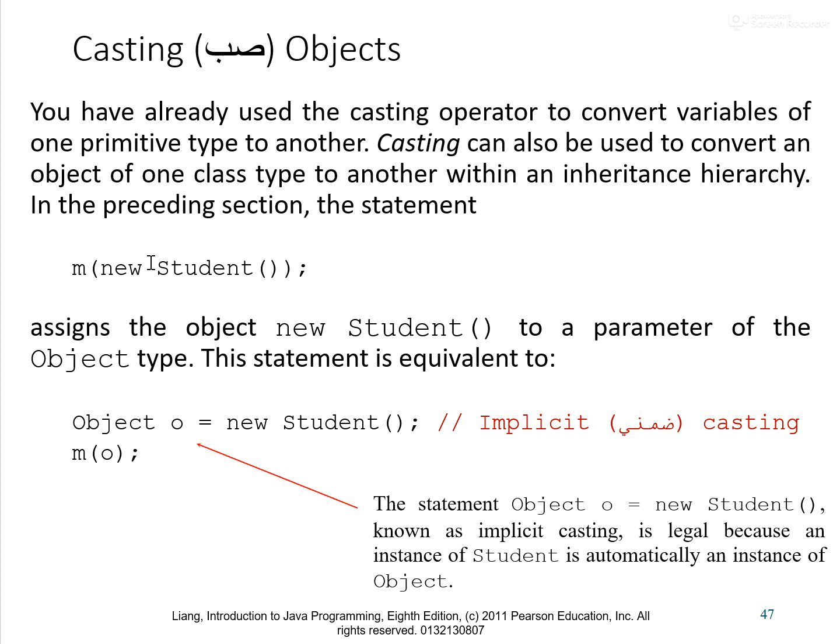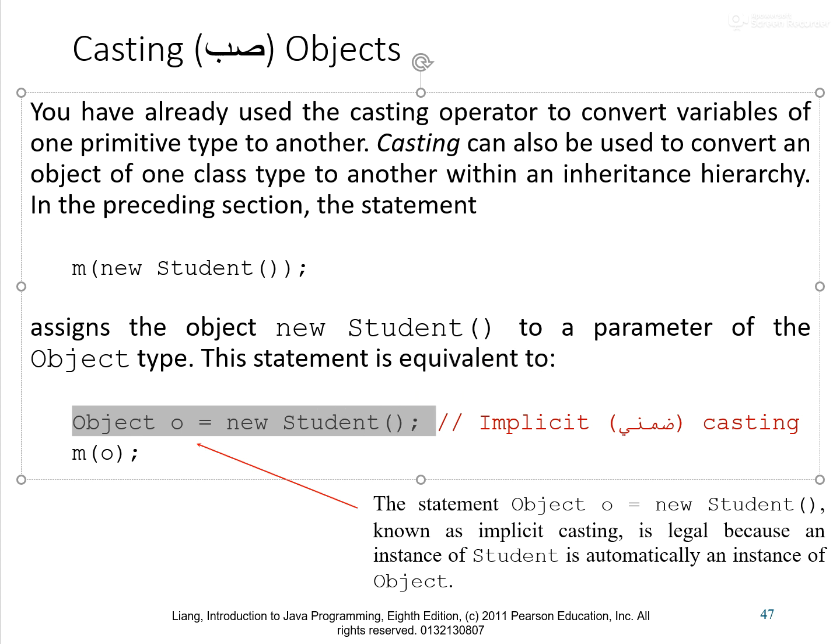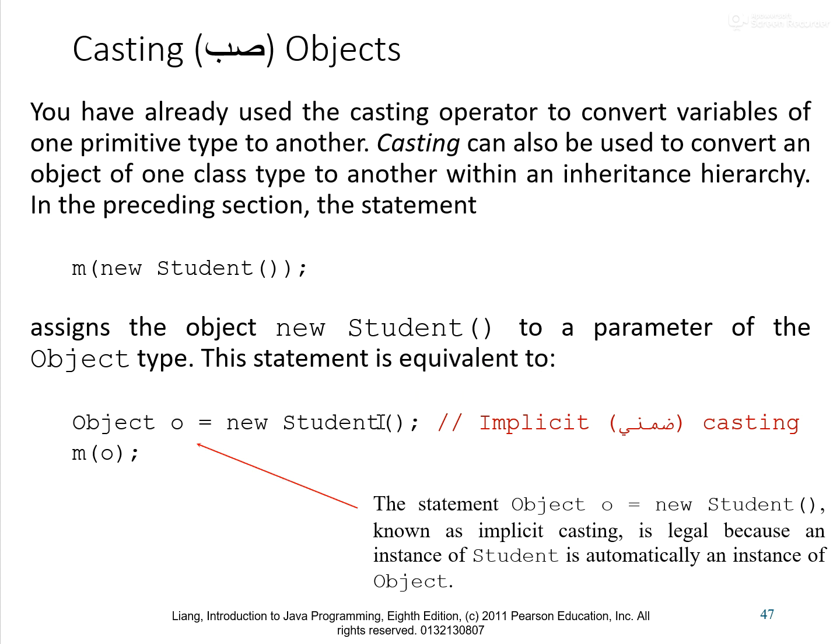So let's say we have a class Student, and we create an object of type Student. Usually we assign it to a reference of the same type as the class of the object, so we would write Student o equal to new Student.